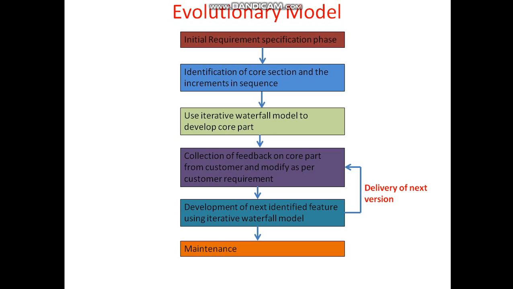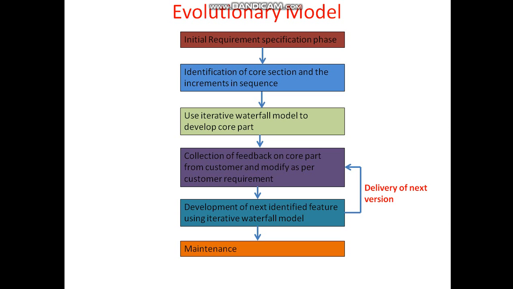If you see this evolutionary model, it is not very new, but a combination of what we have seen till now. The major challenge is how to divide the project into a number of subparts. Once we identify the functionalities, it will be easier.